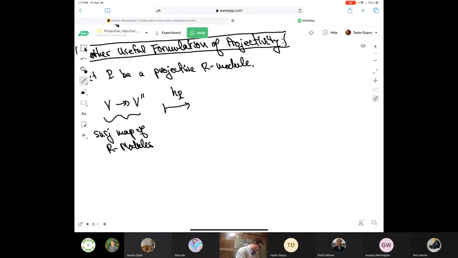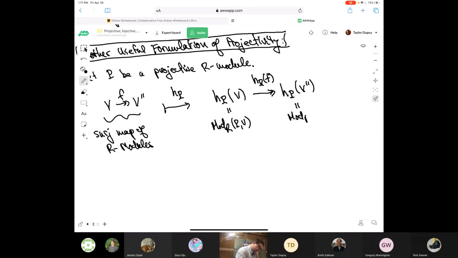And we get another map. This is HP of V maps to HP of V'', and this is HP of F, let's call this map F. Then we can spell out what these are. This is just another notation for this functor, which we also called F lower star.